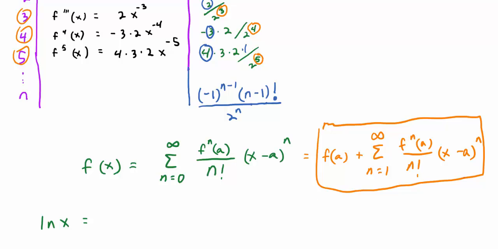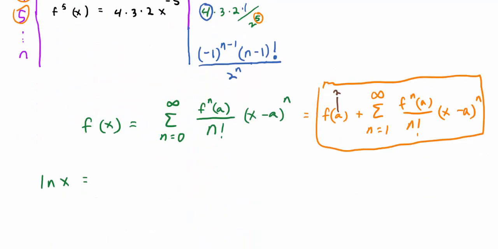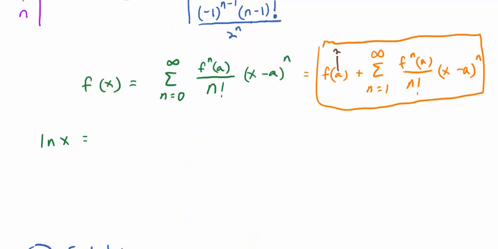OK, so what was that first term? What was f of a? F of 2 in this case. So in this case, again, a is 2. That's the natural log of 2, isn't it? Well, that's all we need, just natural log of 2 out in front. So, natural log of 2 plus the sum from n equals 1 to infinity.